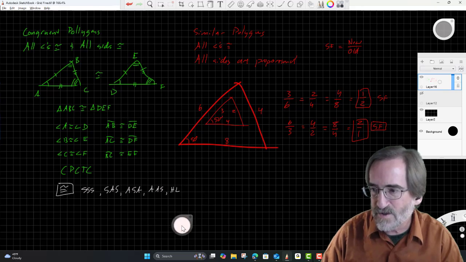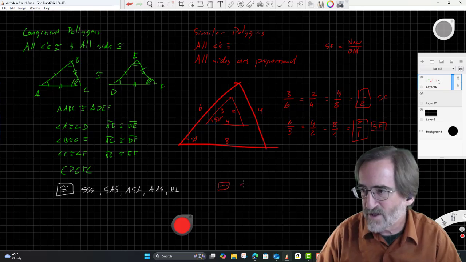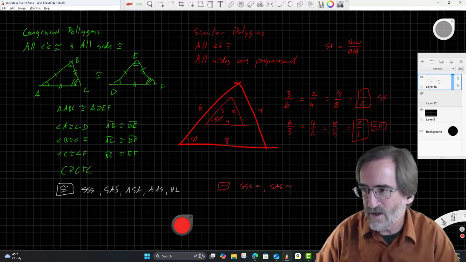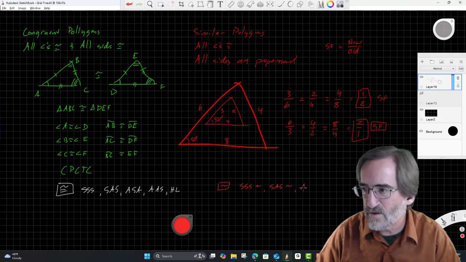For triangle similarity, here's how we mark those: side, side, side similarity; side, angle, side similarity, with the tilde character here; angle, side, angle similarity; and angle, angle, side similarity, but actually we shorten those to angle, angle similarity.